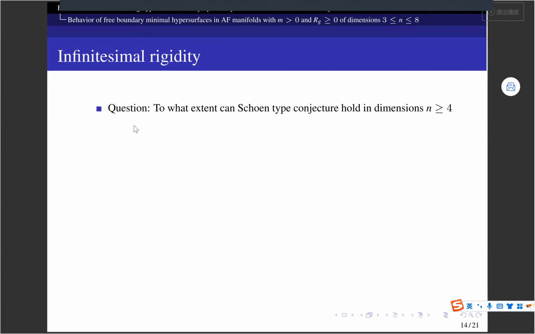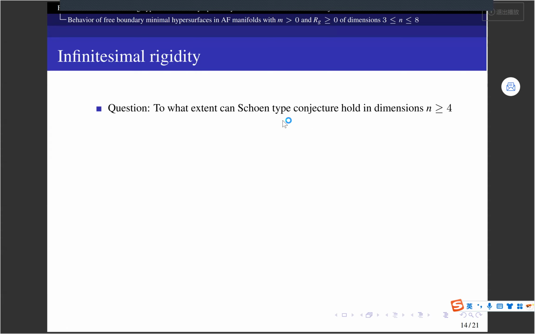So in light of Shin's conjecture in dimension 3, we may naturally pose the question, to what extent can Shin-type conjecture hold in higher dimensions? Of course, you cannot expect this in general.